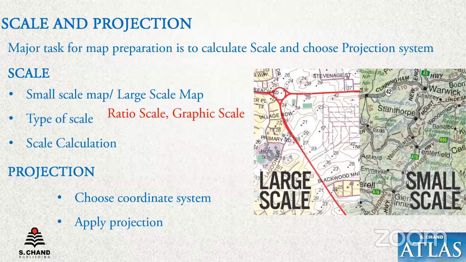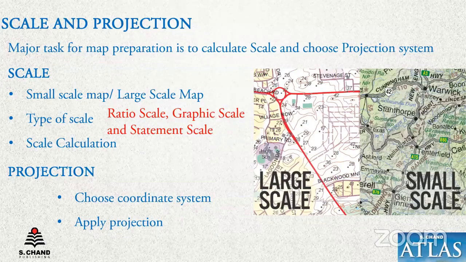There are three types of scale we are plotting. One is ratio scale, graphic scale, and third is the statement scale. In the previous slides, you have seen 1 centimeter is equal to 160 kilometer, which we provided in the form of a scale. Then there is the ratio scale, the graphic form or the bar form, which you have maybe seen in different types of maps. And if we are talking about ratio scale, it is also called RF, the representative fraction.